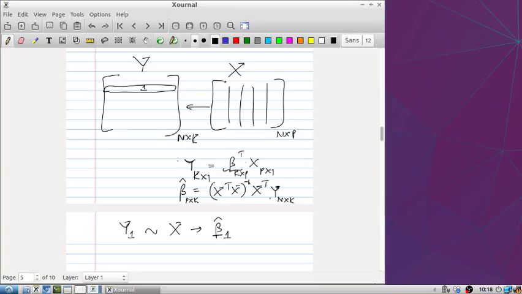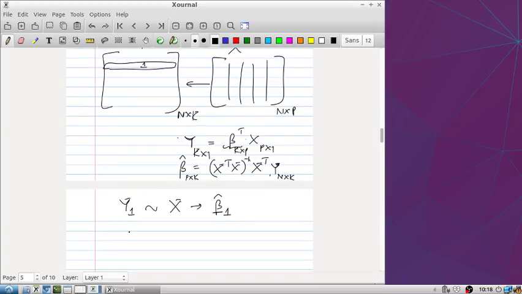That's one-dimensional. You're just looking at one y vector, and you have the x matrix. You know how to do linear regression. And similarly, you do the same thing with y2, regress with the x data matrix. You'll get beta hat 2, and so on. These betas are going to be p-dimensional, and if you stack them next to each other, there will be k such betas.